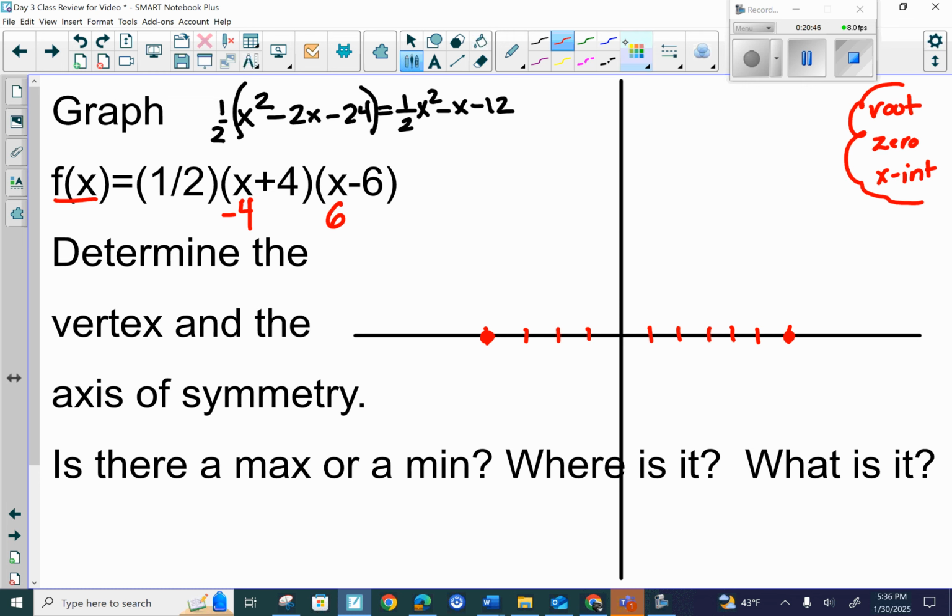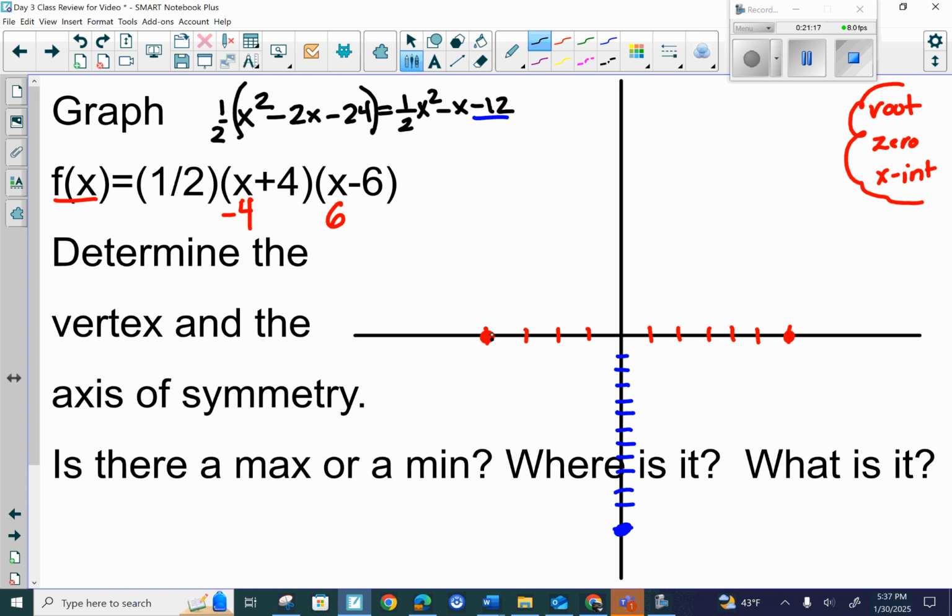By the way, since you multiplied it out, you should know -12 is going to be your y-intercept. 2, 3, 4, 5, 6, 7, 8, 9, 10, 11, 12. Boom, right there. Not the vertex, that's the y-intercept. You can see that because the vertex is going to lay halfway in between. And since I have 1, 2, 3, 4, 5, 6, 7, 8, 9, 10, I have 10 in between there.